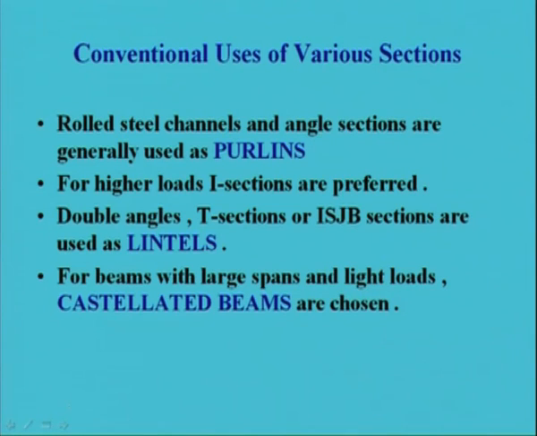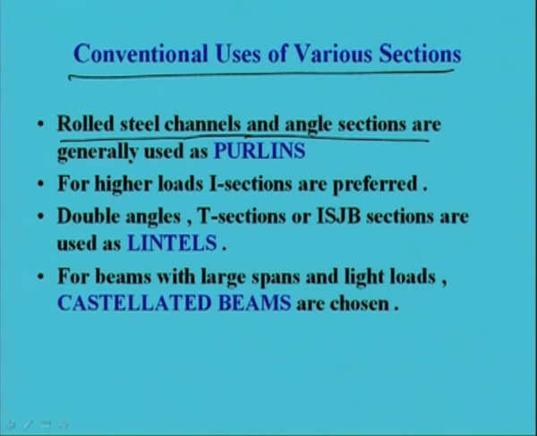Now, we will see some conventional uses of various sections. Generally, rolled steel channels and angle sections are used as purlins. In the case of purlins, we generally use rolled channel and angle sections, and for higher load, I sections are preferred.